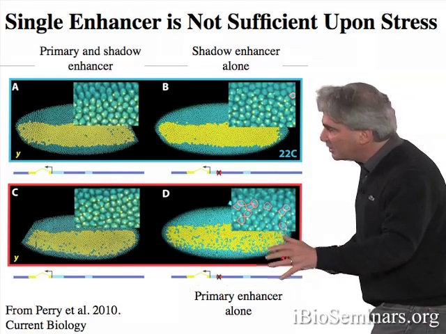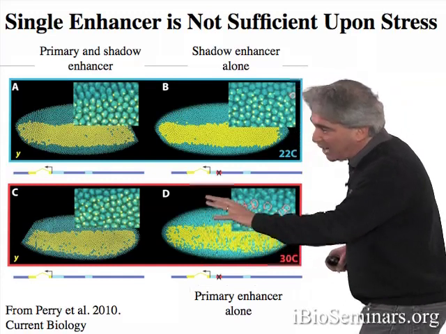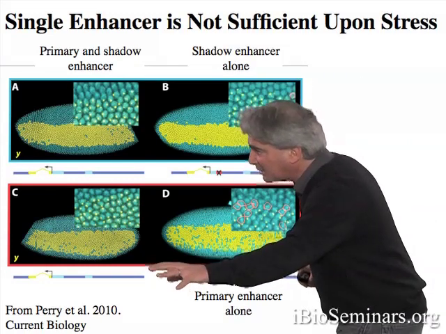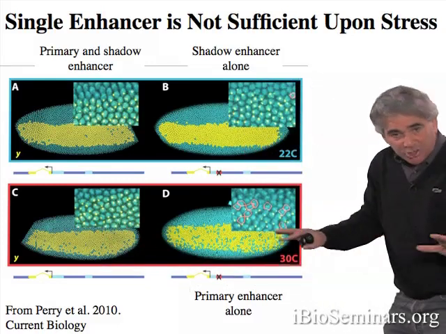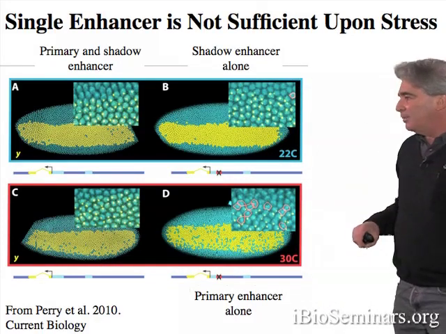In contrast, the transgene that contains both enhancers intact continues to produce a normal pattern of expression, homogeneous expression with sharp lateral limits.